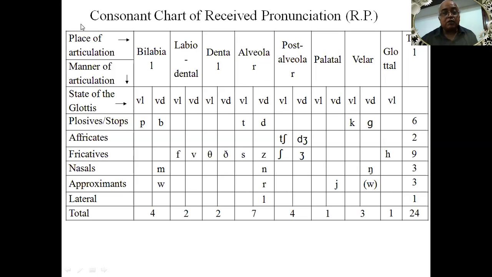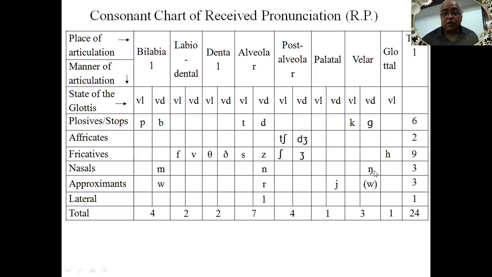The second criterion, the place of articulation, is alveolar. That is, the tip of the tongue touches the alveolar ridge, as we have seen earlier in ta, da, sa, za, etc. And it is also a nasal sound, because the oral cavity is closed and the nasal cavity is open.